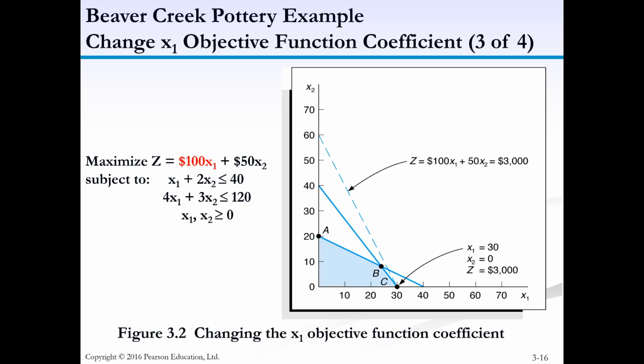Now here, instead of 40x1 we have changed to 100x1 as shown in red color here. The point has shifted from 24, 8 to a new corner point which is 30, 0, and of course, new value is there for the objective function, but the point is that the corner point, optimal point, has been changed. Let's see.